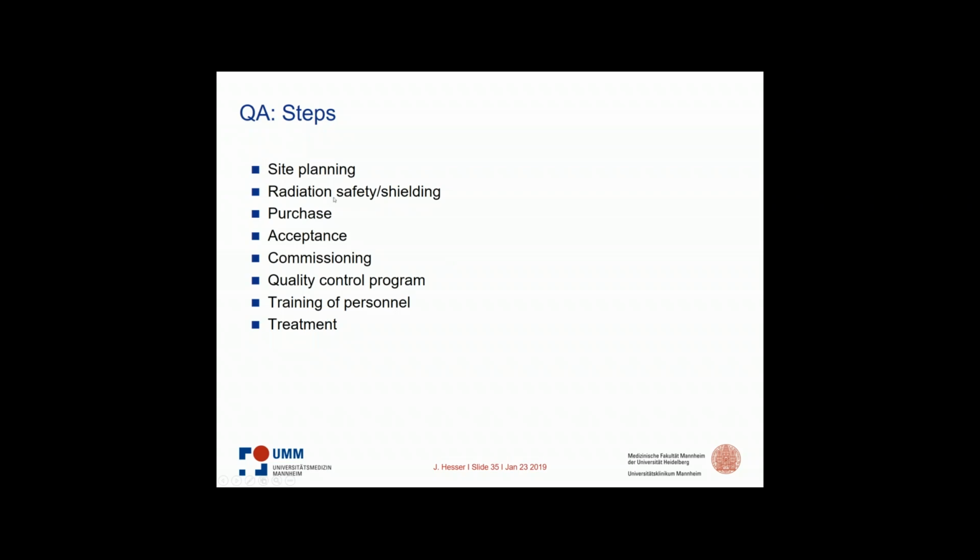So it's site planning, radiation safety and shielding have to be considered, purchase, acceptance testing, commissioning. These two I'm discussing in more detail. You have to establish a quality control program, that's training personnel, and then starts the treatment. What we have discussed is only the treatment part. So a couple of things, especially these two, are important. You have to focus on these here as well.